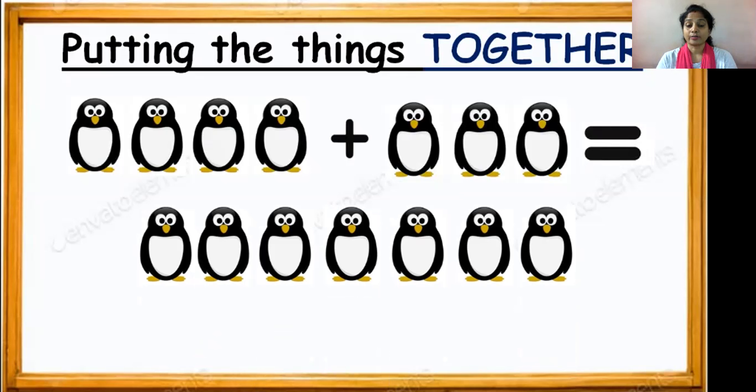Right. When we put all the penguins together, then we have 7 penguins as our answer. Okay, that is correct. With the help of the picture we can do putting the things together.